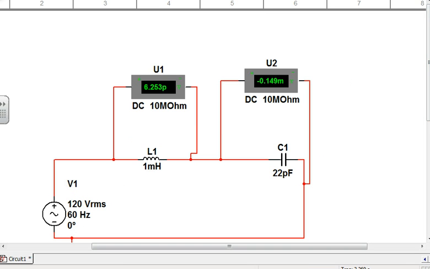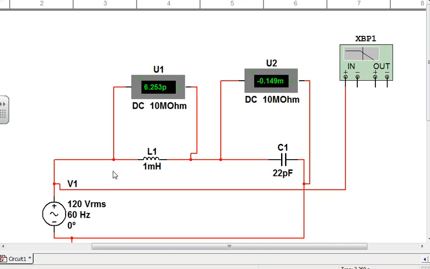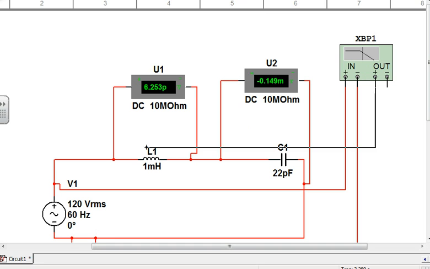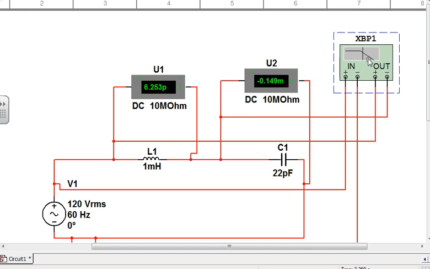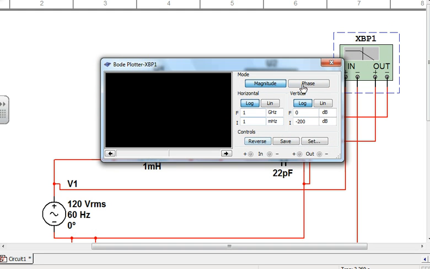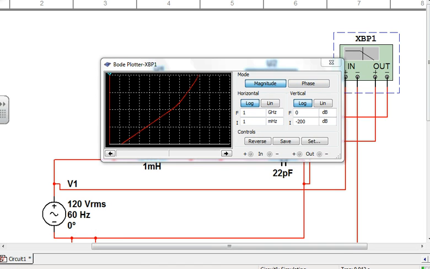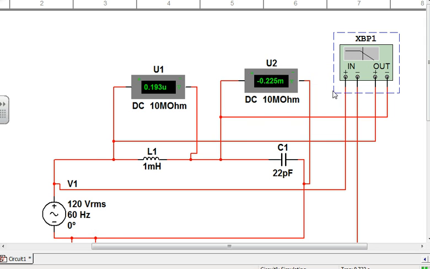All right. Right here is a Bode plotter. Okay, so we're going to go here to here, and then there to there. Here, we're going to do that, and then we're going to turn it on. We need a resistor. Waco.